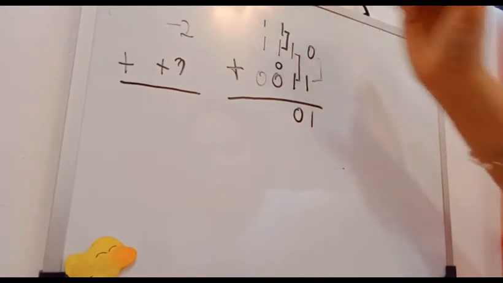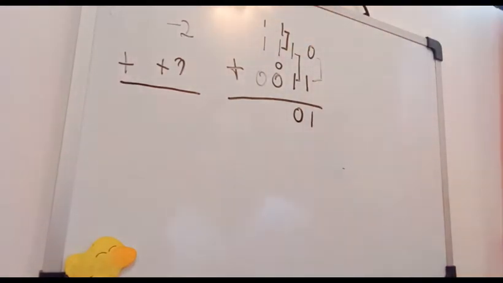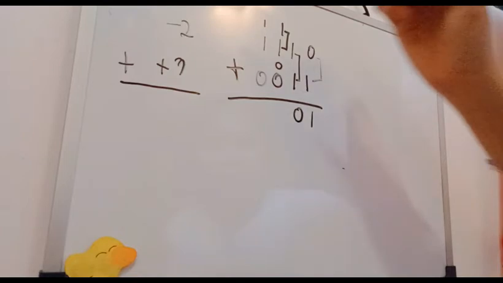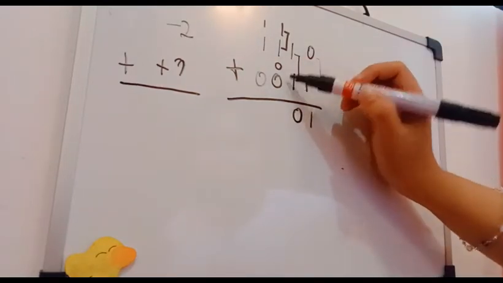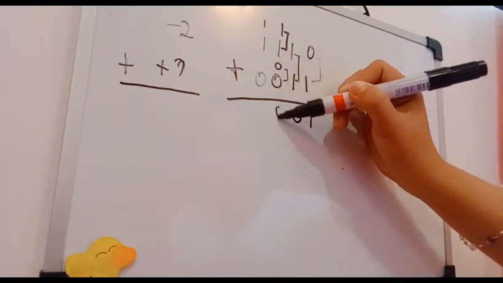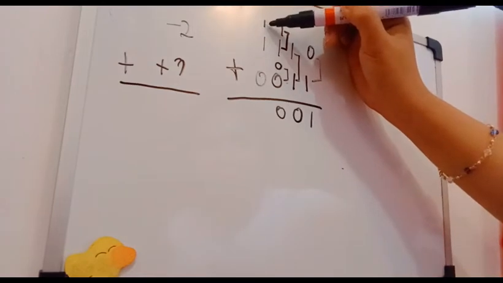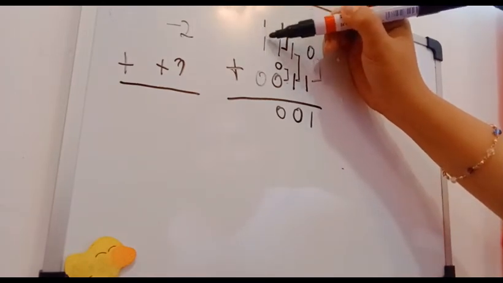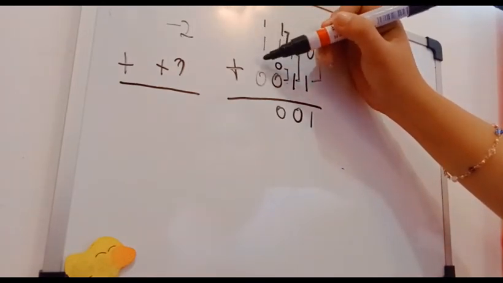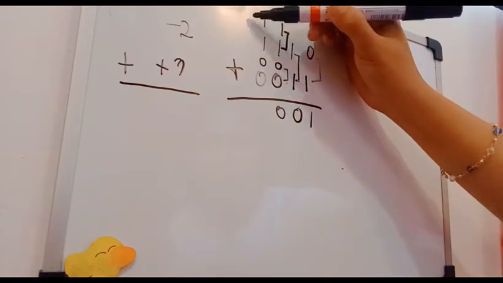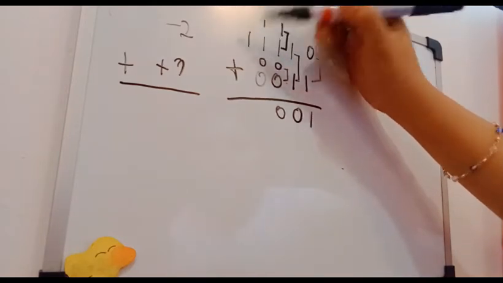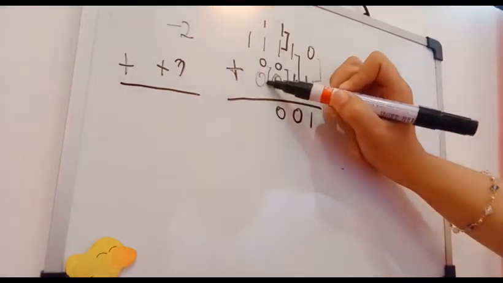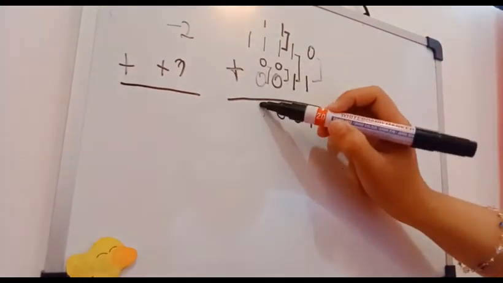And then, carry 1. Okay. Next, add nyo muna to. 0 plus 0 is equals to 0. And then, add the last column. 1 plus 1 is equals to 10. So, lagay yung 0 dyan and lagay nyo dito yung extra carry. And then, add 0 plus 0 is equals to 0.